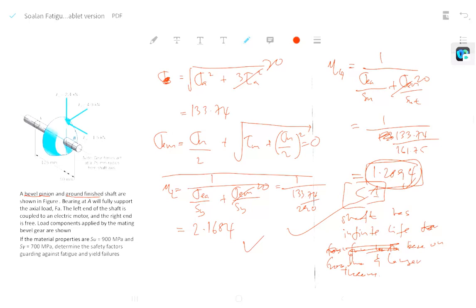As shown in the figure, the bearing at A will fully support the axial loads. Later you will learn types of bearing which support axial loads. The left end of the shaft is coupled to an electrical motor.